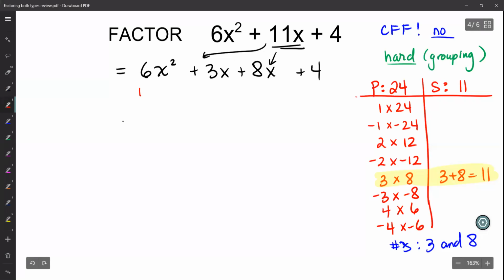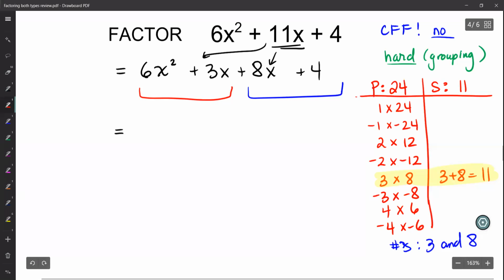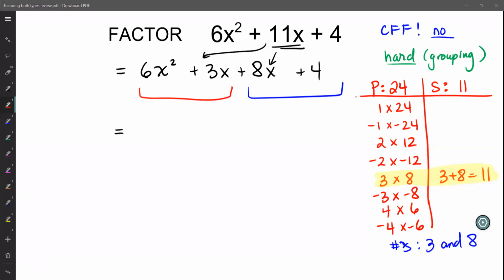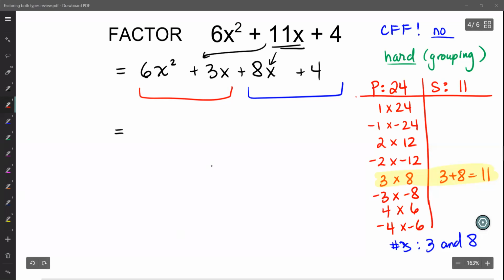Okay, so we're going to do our groups. This will be group 1. This will be group 2. We're going to common factor from each group. So what's our common factor for the first group and what would be left in the bracket? Brad. 3.